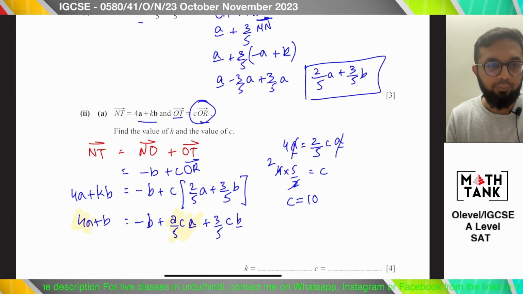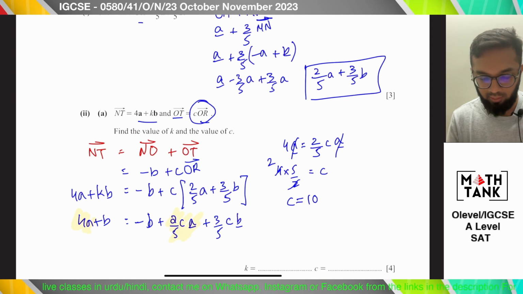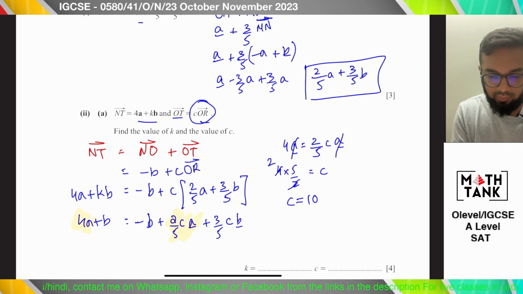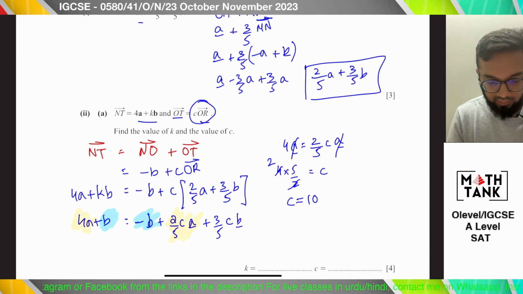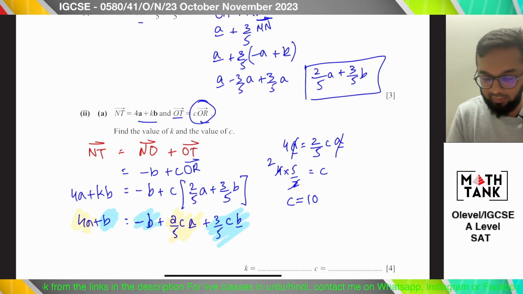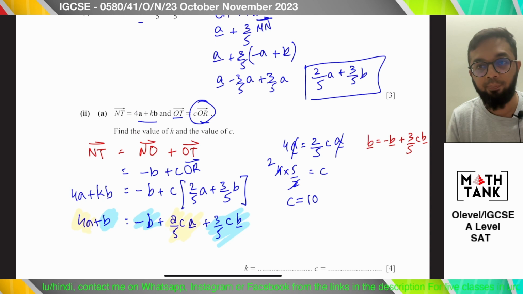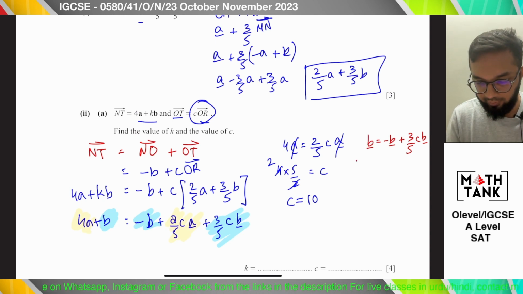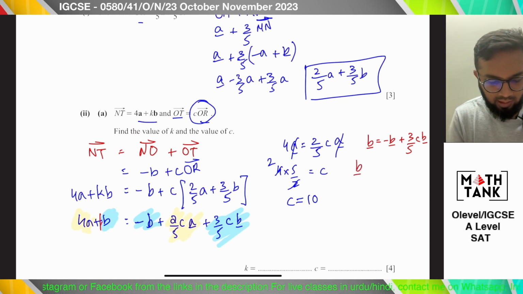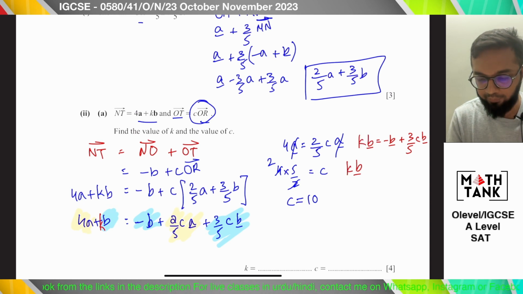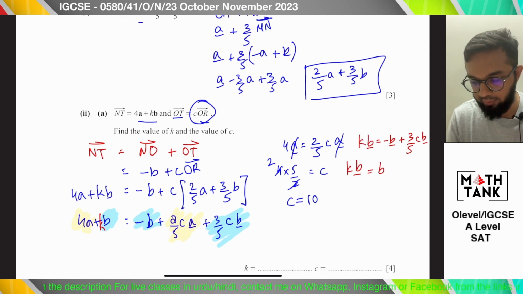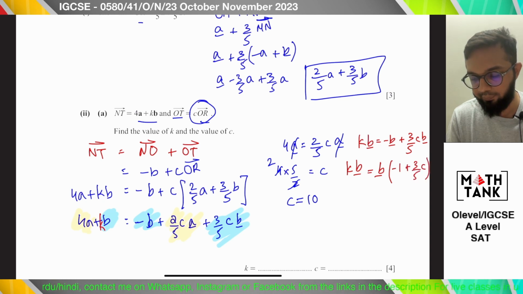Okay. Then if I look at B, so plus KB and then minus B and 3/5 of CB. So I can say that KB should equal minus B plus 3/5 of C times B. Can I factor out a B and say that this becomes minus 1 plus 3/5 of C?